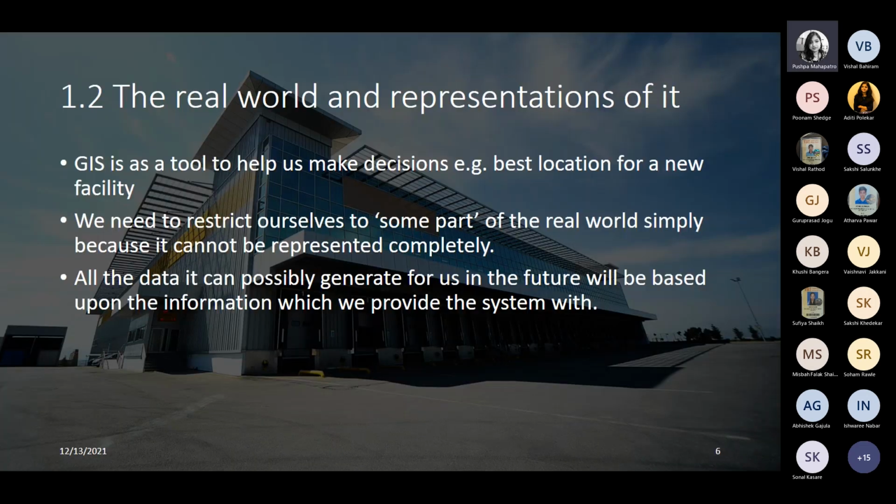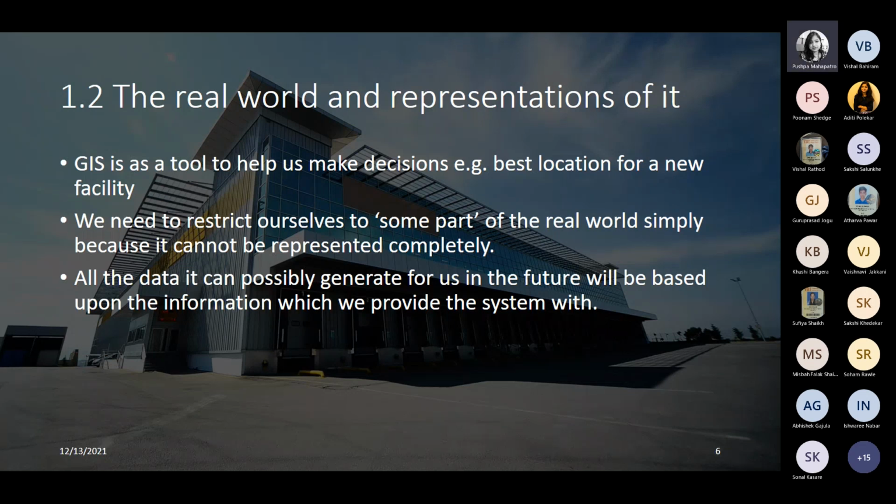Okay, so what is real world? Yes, real world and its representation. Are the online students with me? Yes, online students, are you all with me? Have you all understood up till this?